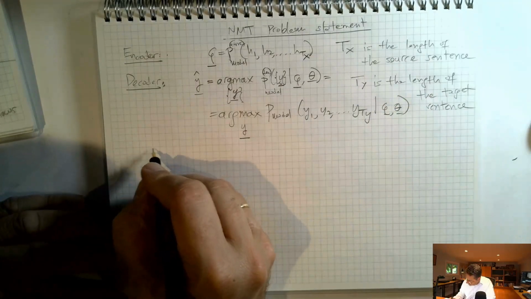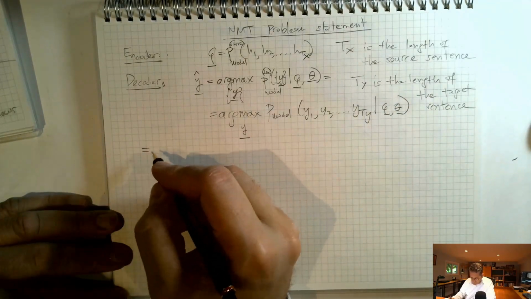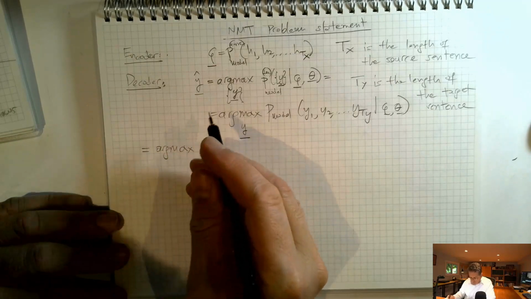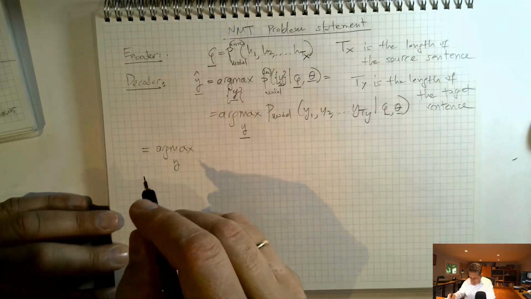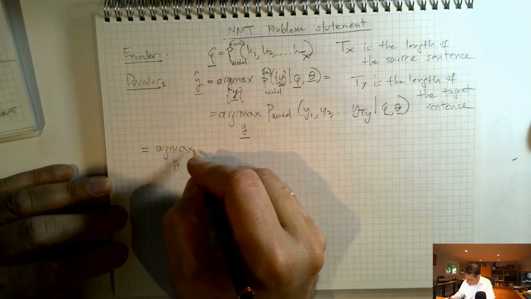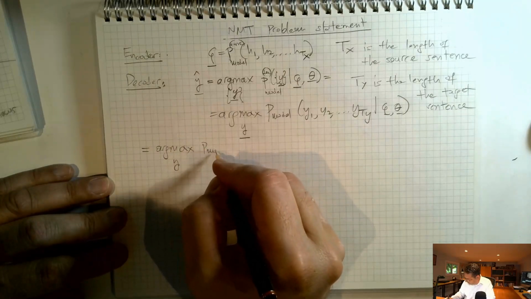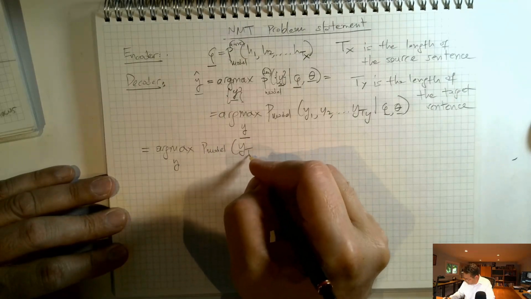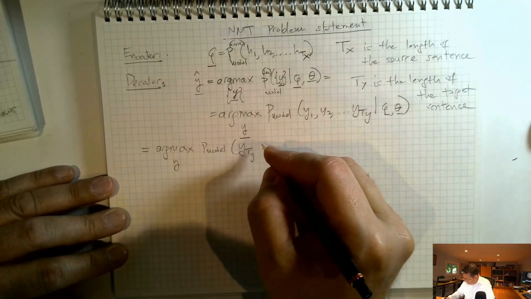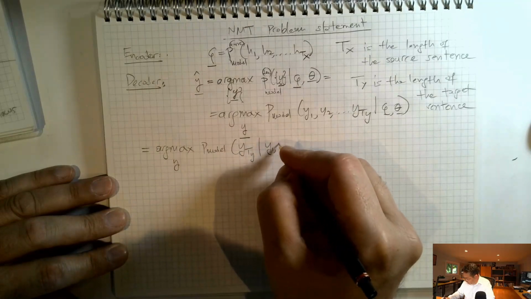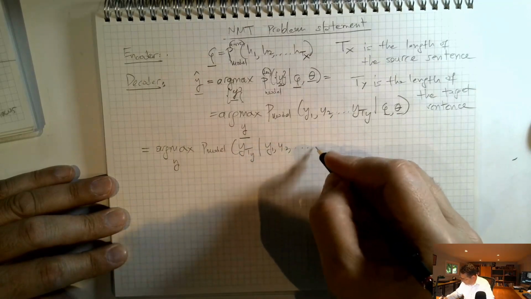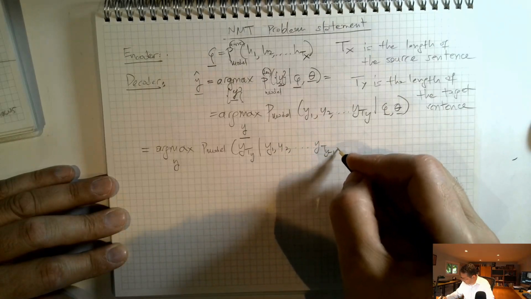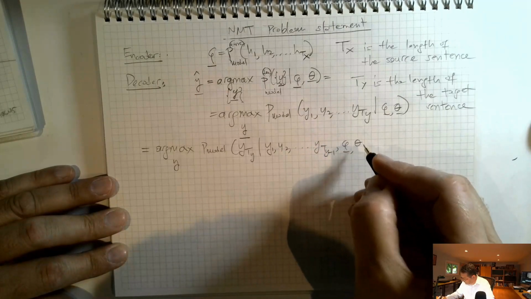So we can write it as argmax over y of P model of y_t given y1, y2, up to y_{t-1}, comma phi, comma theta.